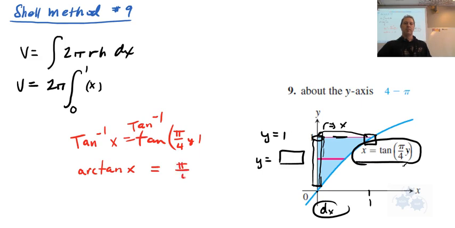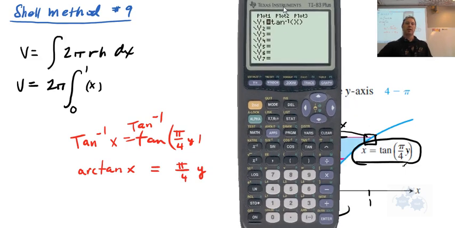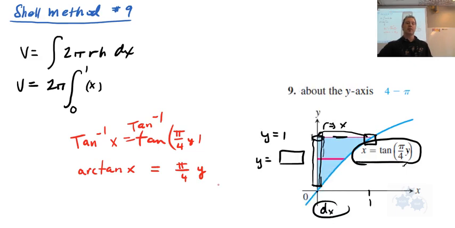Arctan on the calculator is second function tan, tan to the negative 1. So to isolate for y, we multiply by 4 divided by pi. So 4 over pi, arctan x.